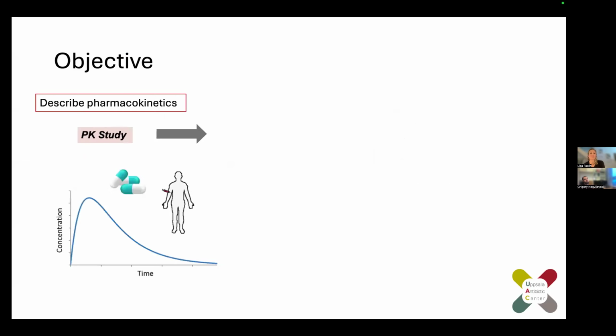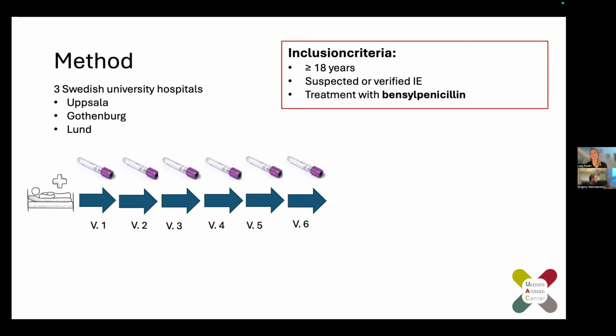We included patients at 3 Swedish hospitals in Uppsala, Gothenburg, and Lund. And we included adult patients with suspected or verified endocarditis that were treated with benzyl penicillin. And we collected plasma samples for antibiotic concentrations weekly within one dosing interval up to end of treatment.